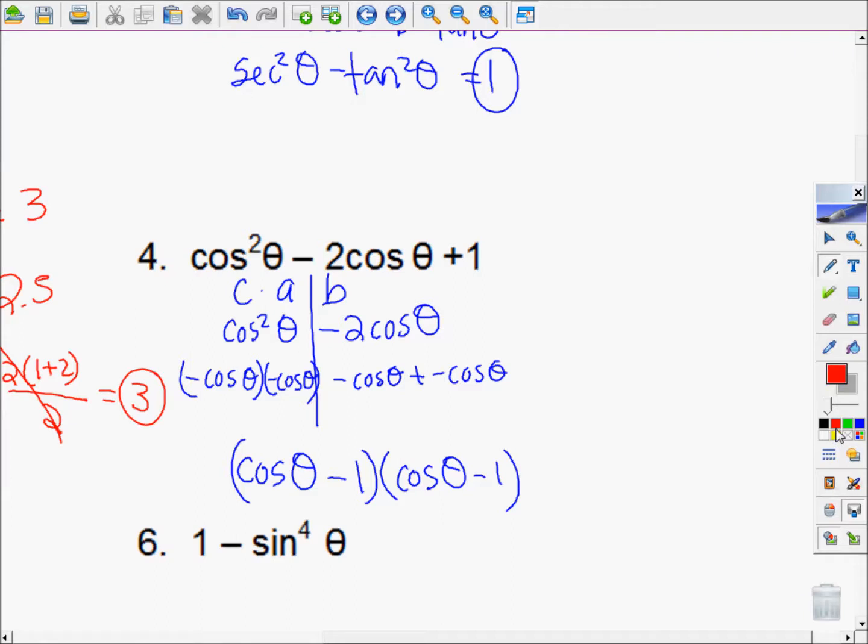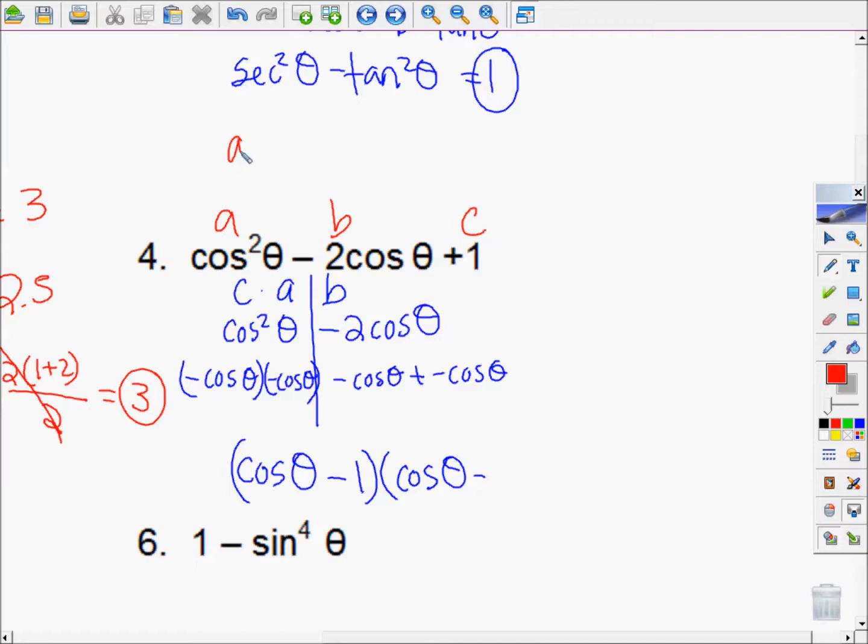CAB is where it's saying this is your C, this is your A, and this is your B. Oh, I wrote that backwards. A, B, C. My bad. It's a quadratic equation. So essentially your cosines are acting as your x values.